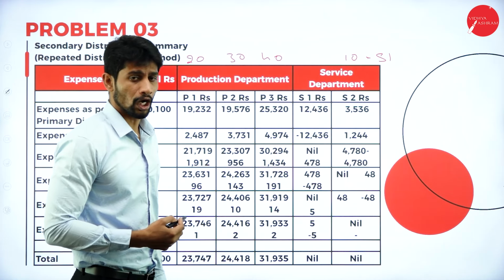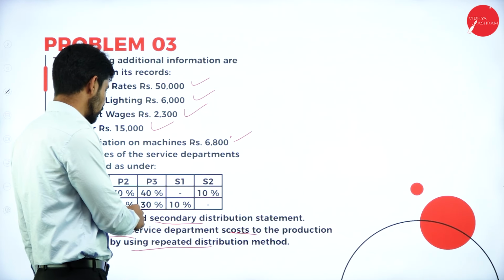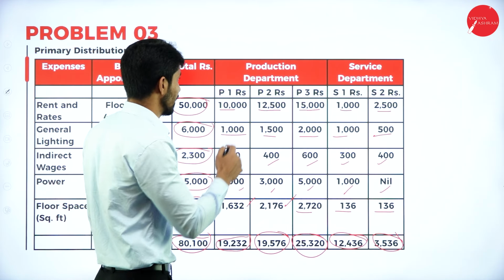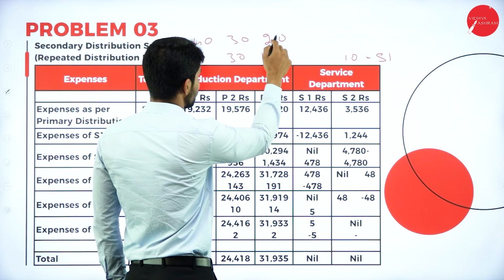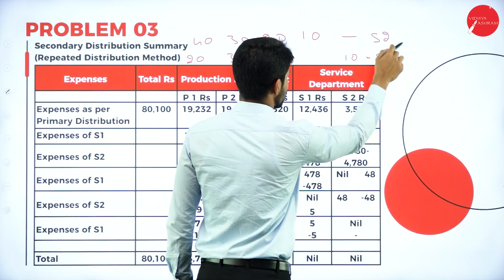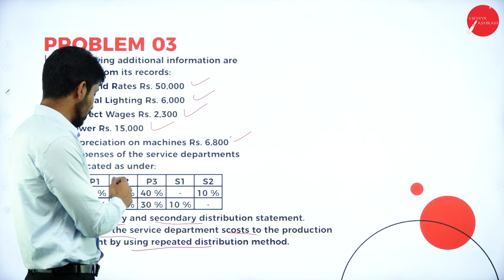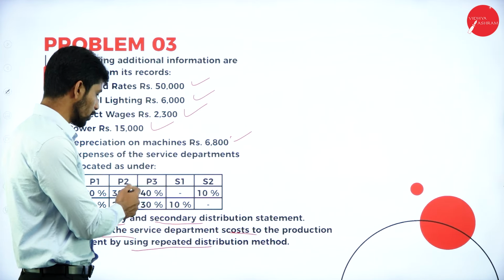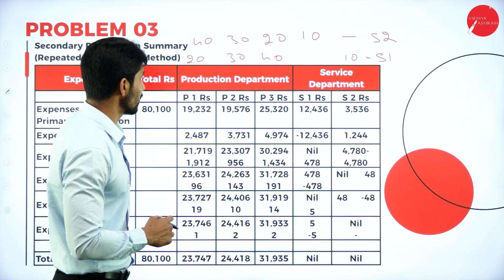So S2, how they distributed S2? S2 is distributed in the ratio of 40, 20, 30, 10 and nil. Once more you can see, S1 is distributed in the ratio of 20, 30, 40 and 10, and here S2 service department 2 is 40, 20, 30, 10.